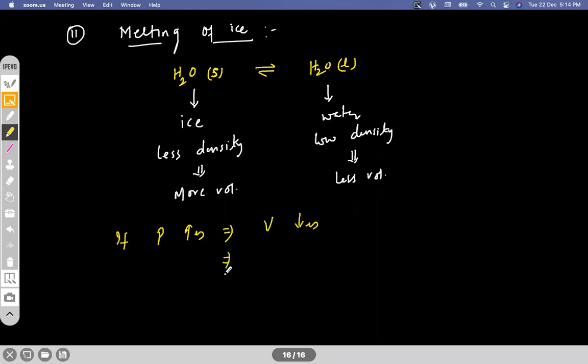Reaction will go in which direction? Forward or backward? Could you tell me? Acha, I have written less and here it is more.